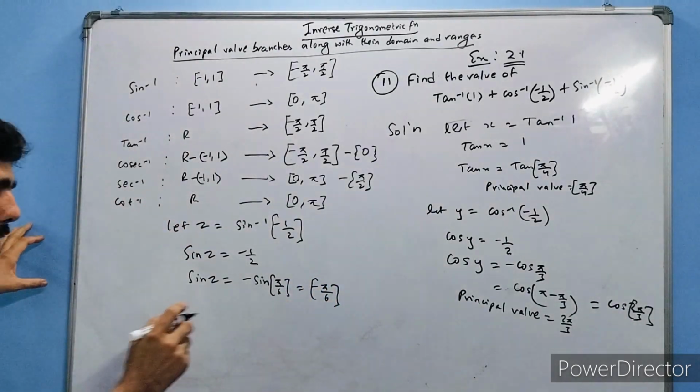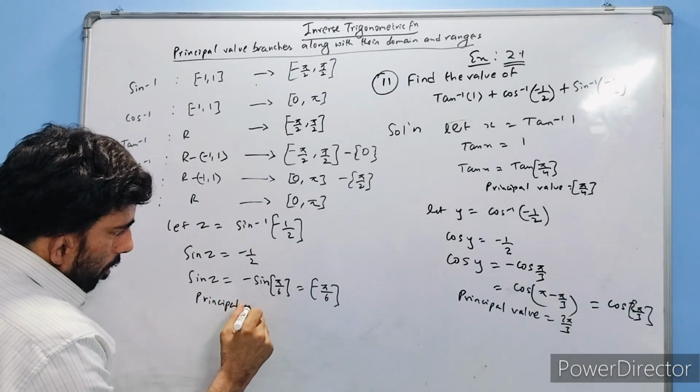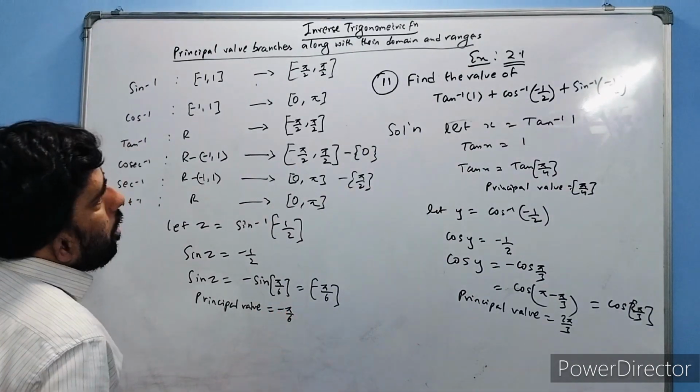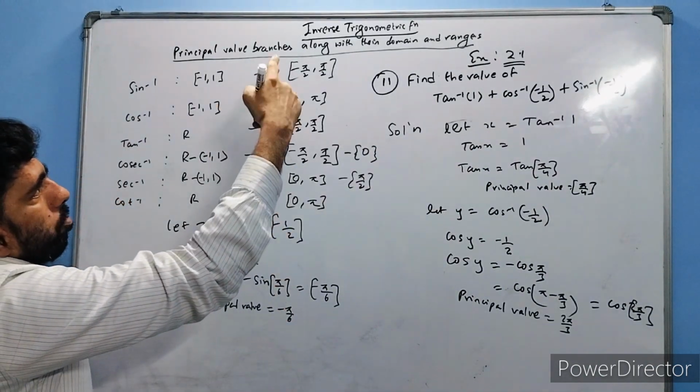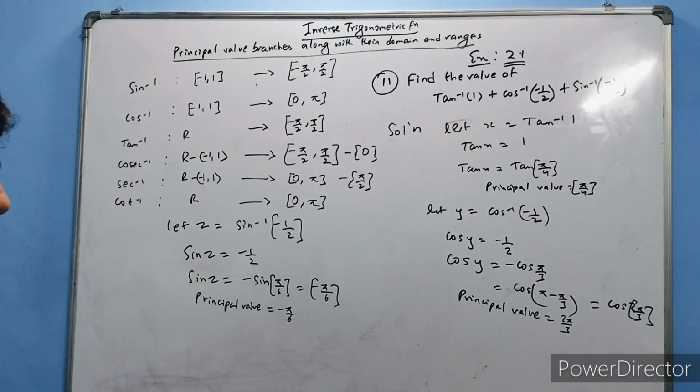We know its principal value will be minus pi upon 6, and its range is from minus pi by 2 to pi by 2. So that is what we got.